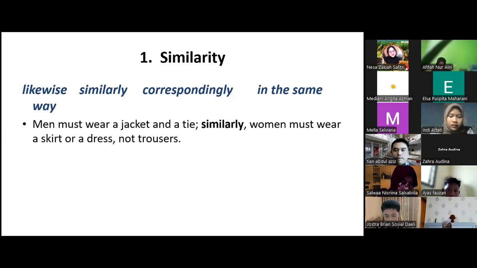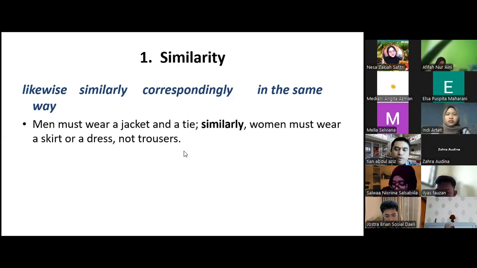Okay. Here we have two sentences or two ideas. The first sentence talks about the man that must wear a jacket and a tie. But the second sentence, or the second idea, explains about the woman, that the woman must wear a skirt or dress, not trousers.